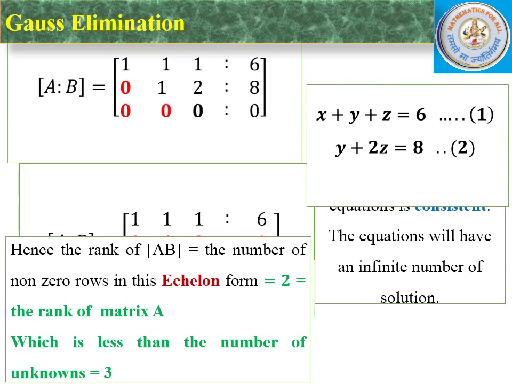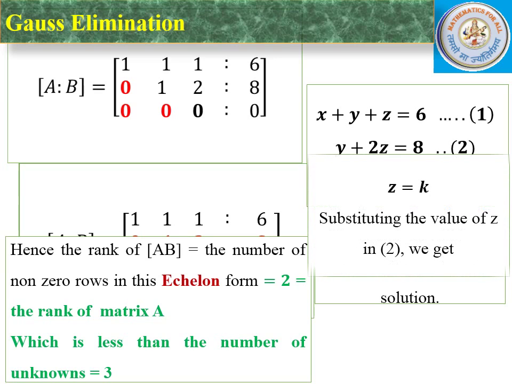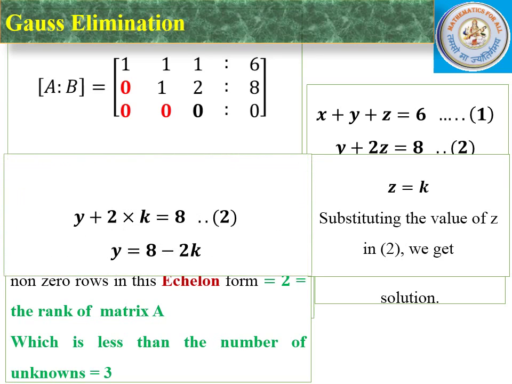So here we have only two equations, that is x plus y plus z is equal to 6 and y plus 2z is equal to 8. Since we have two equations and three variables, we put one variable z is equal to k, and then we substitute this value in equation 2. So we get y is equal to 8 minus 2k.